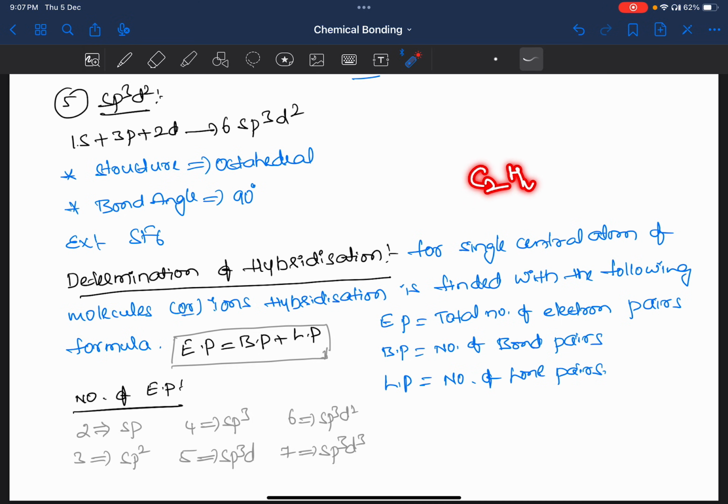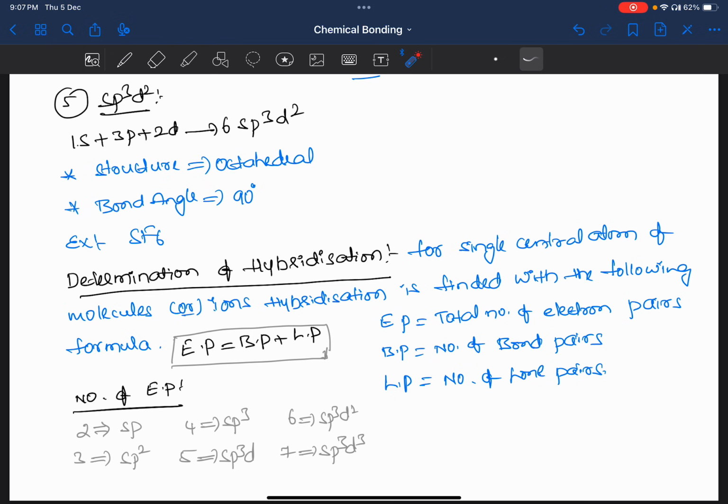In ethylene, two carbons are the central atoms. In ethane, two carbons are the central atoms. So this formula is not applicable for those molecules. It is applicable for a single central atom of molecules or ions.